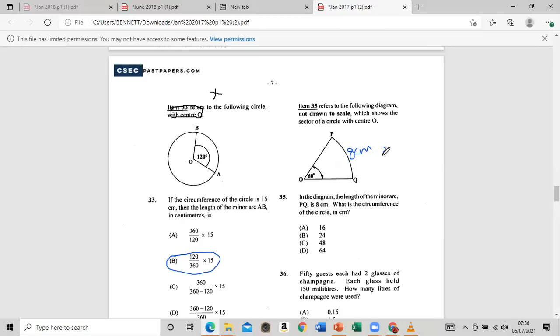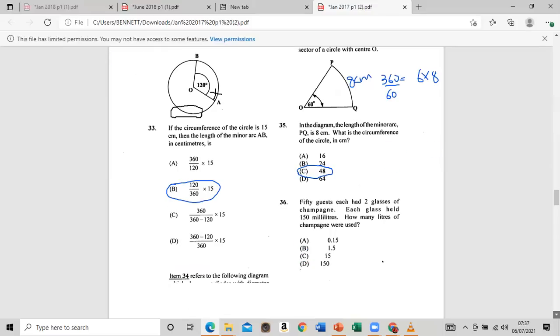So we know that it's 360 degrees in the entire circle. So we need to know how many 60s. 6. 6 times 8 now, that'll be 48. So no long formula, just the reasoning.